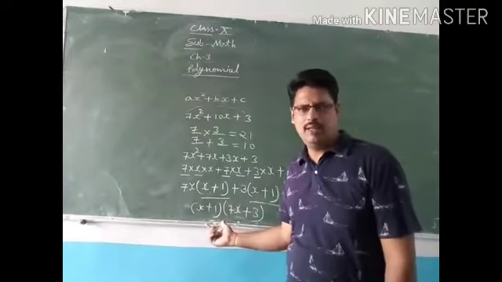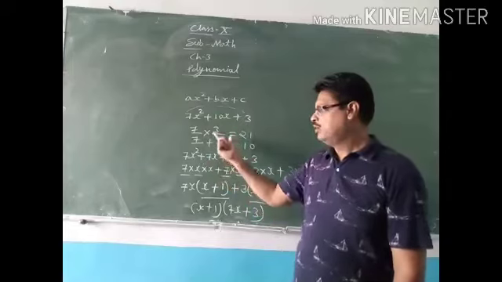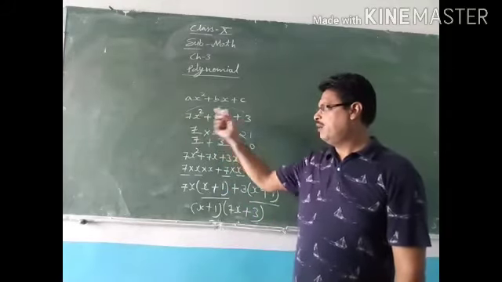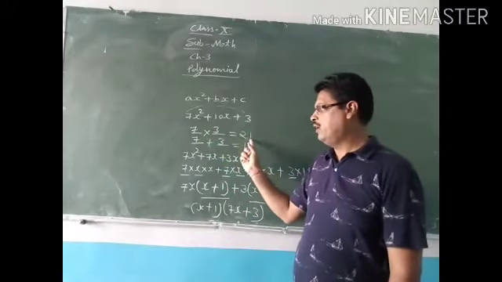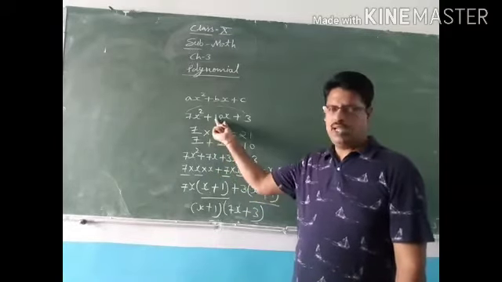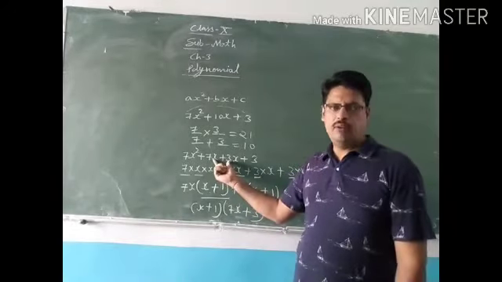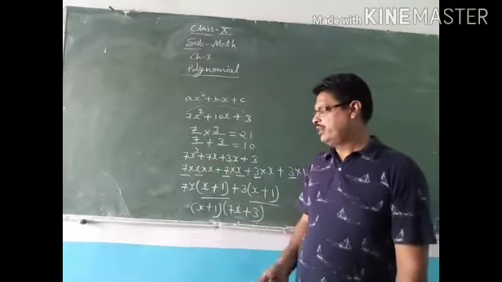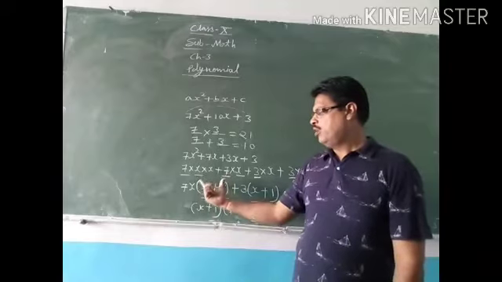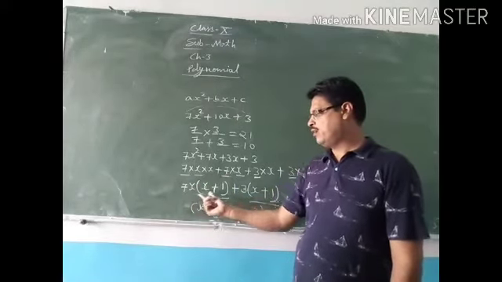Understand? How did we find its two factors? By splitting the middle term. Two numbers we have taken, multiply: 7 threes are 21, and we have to add these same numbers, so it should come 10. So 7 plus 3 is 10. After that we split the middle term, 7x plus 3x, and then we took common from the first two terms, 7x common.